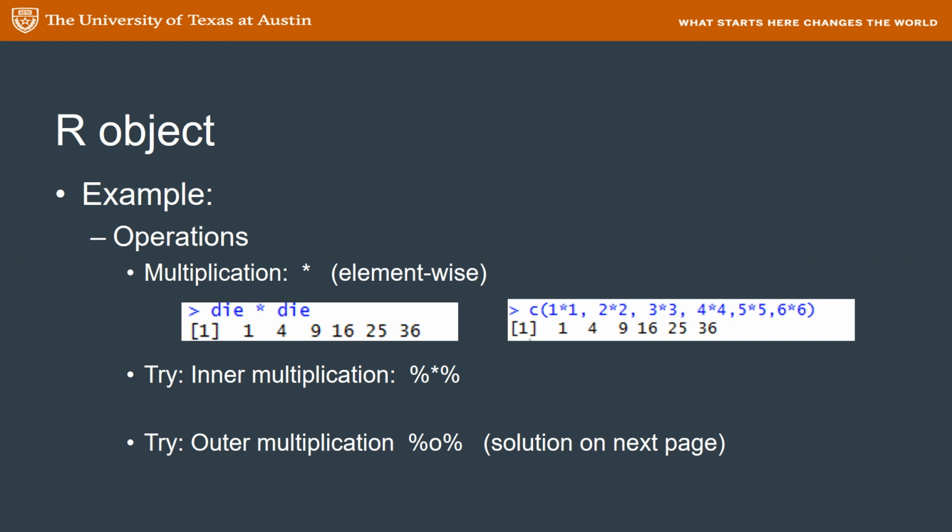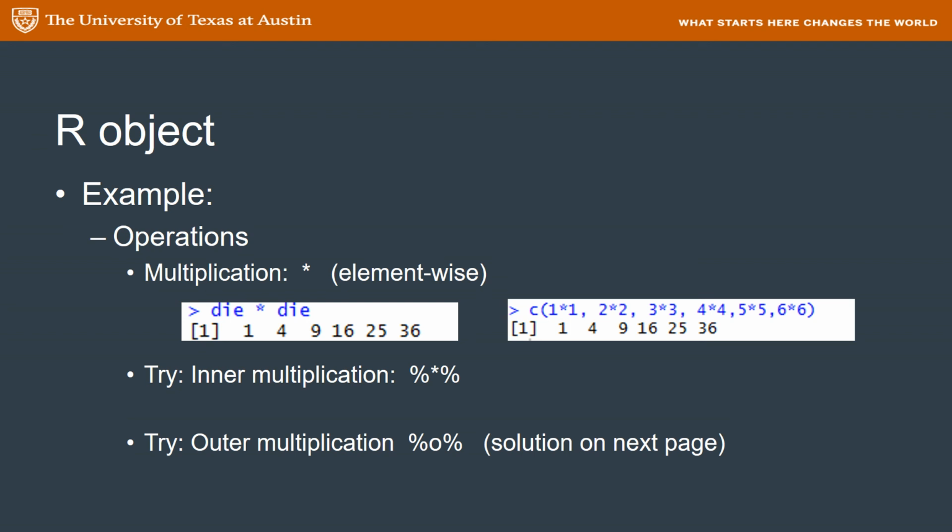If you type in die star die, which means die times die, it's a kind of element-wise operation. So your result will be a vector, and the elements will be 1, 4, 9, 16, 25, 36.